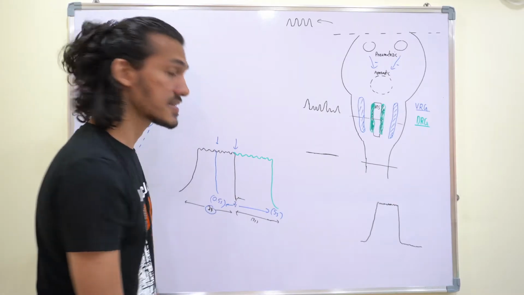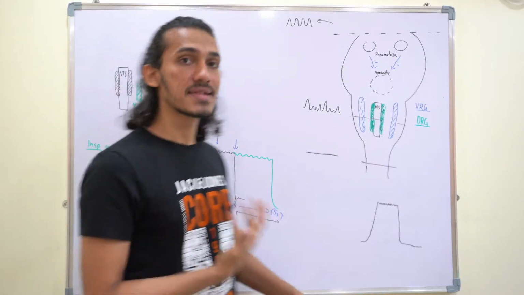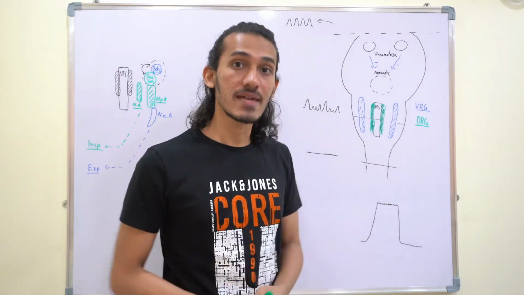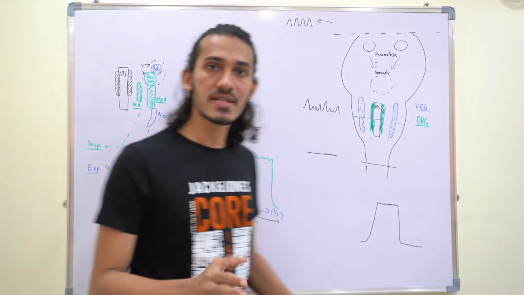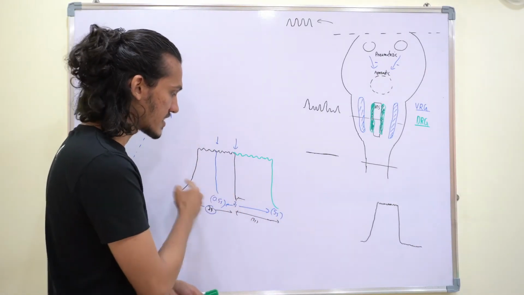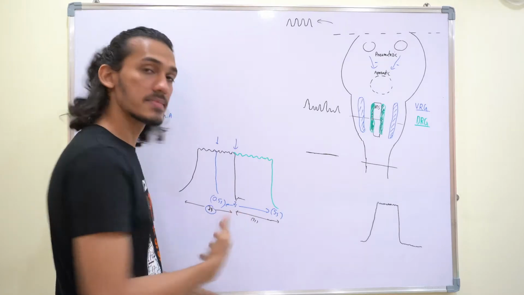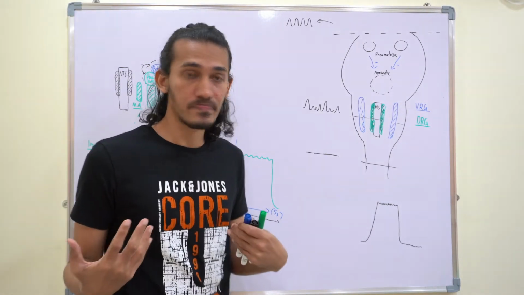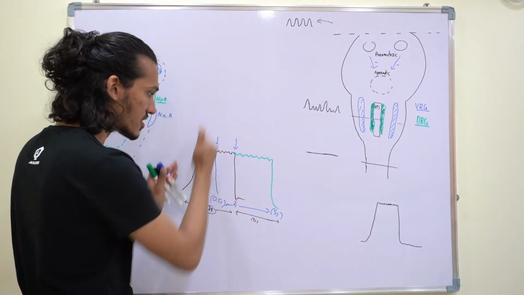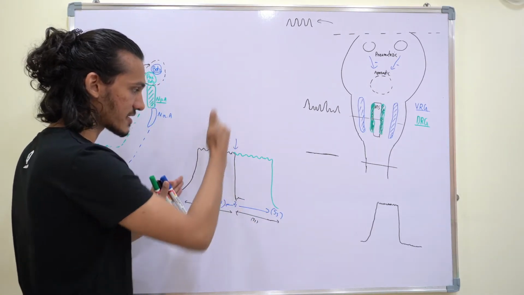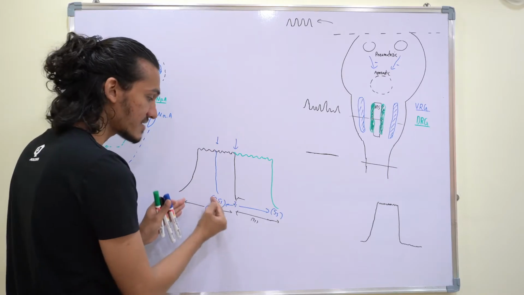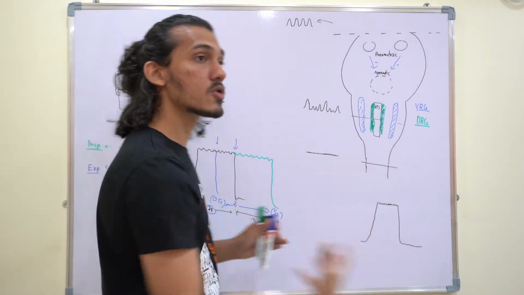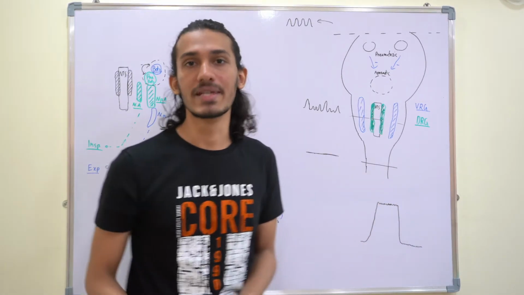So 0.5 seconds means the person ends up breathing 30 to 40 times a minute. Normal breathing, when it is 2 seconds, comes to 12 to 16 breaths per minute. But when the inspiratory effort is cut short to 0.5 seconds, it can go up to 30 to 40 breaths per minute.